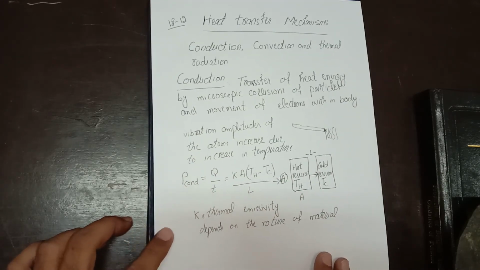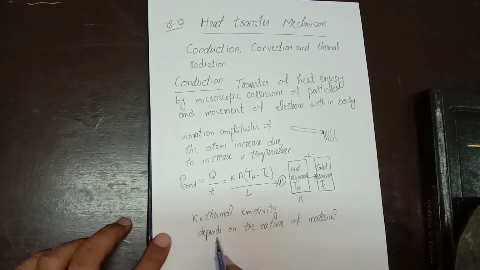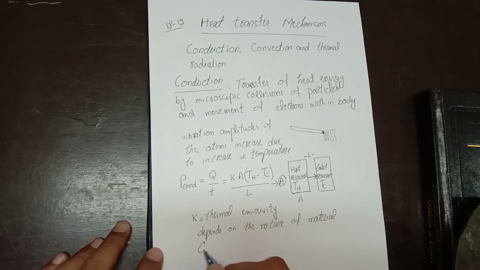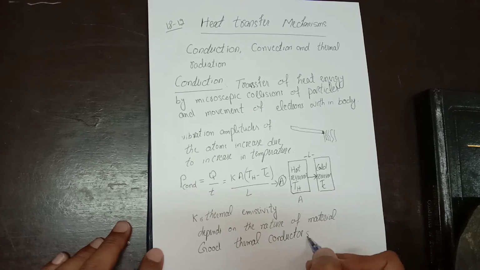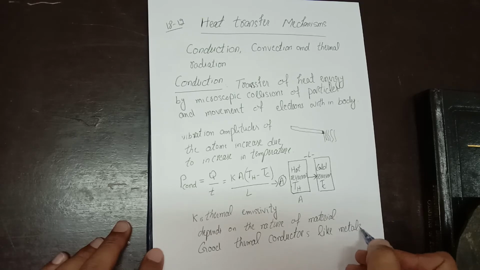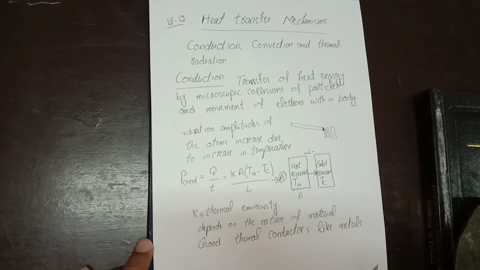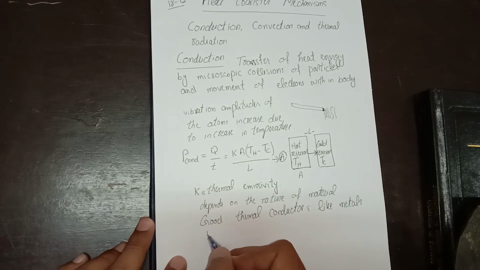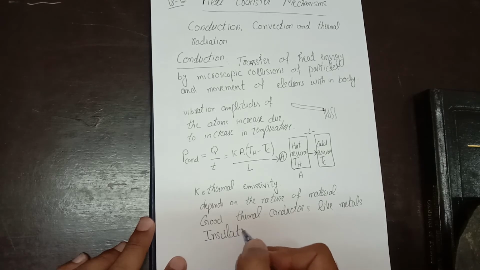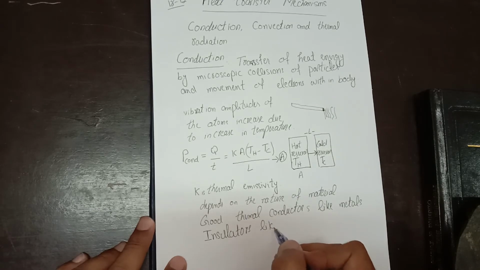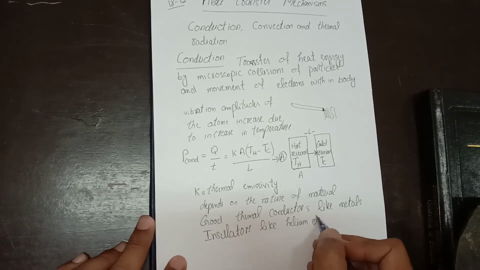Those materials in which heat conduction is at a higher rate are known as good thermal conductors, like metals, and those which do not have that high conduction rate are known as bad thermal conductors or insulators, like helium, hydrogen, etc. However, you are not always interested in good thermal conductors.